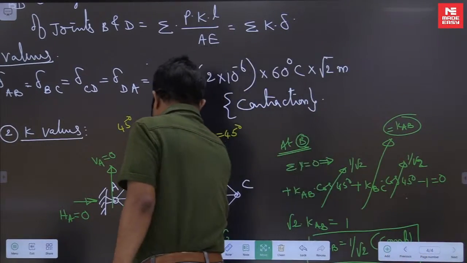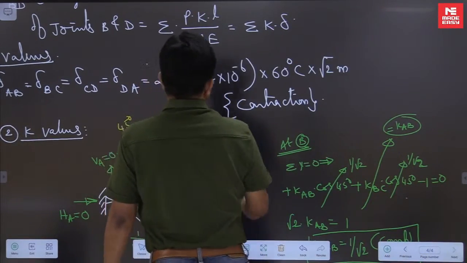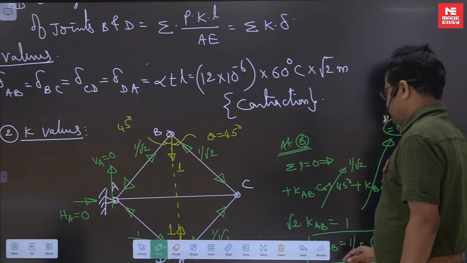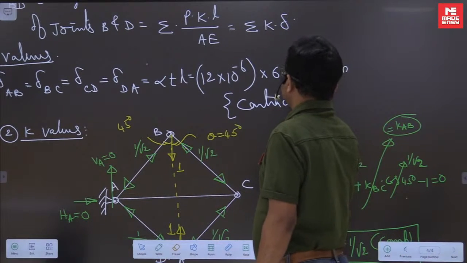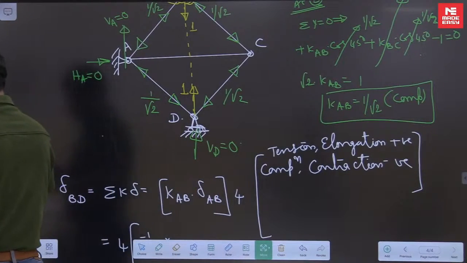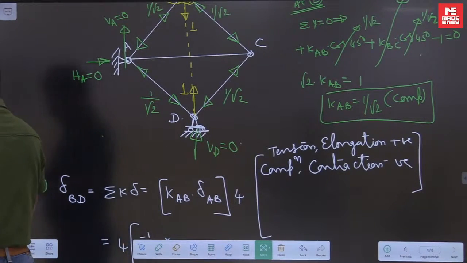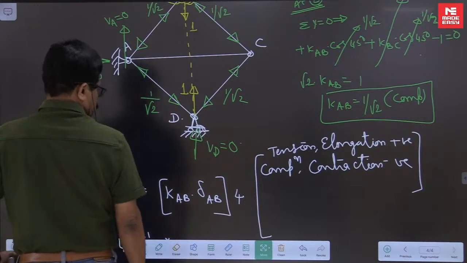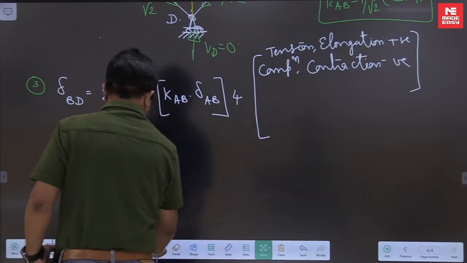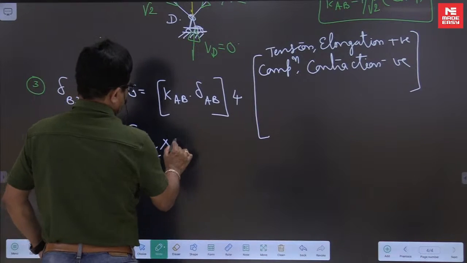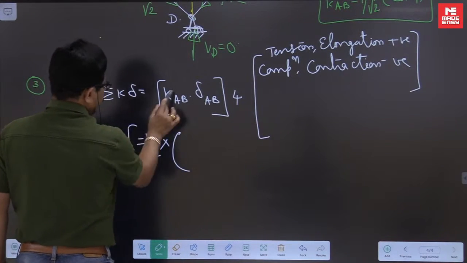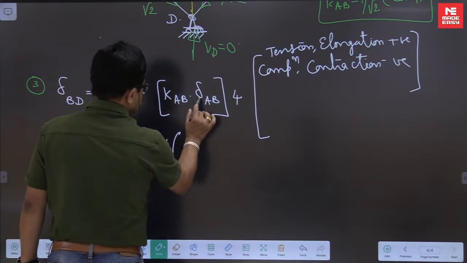Alpha TL. 12 into 6, this directly we will write. This is because the delta AB is contraction. 4 we have taken, KAB is 1 by root 2 common.